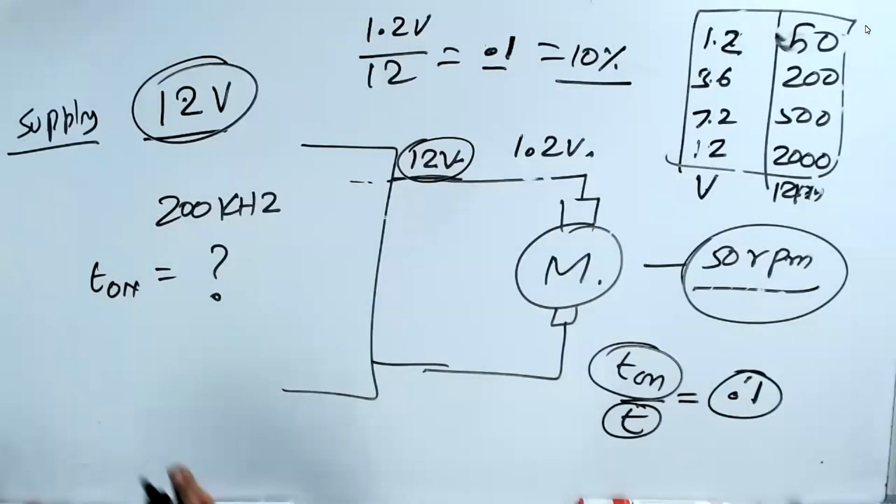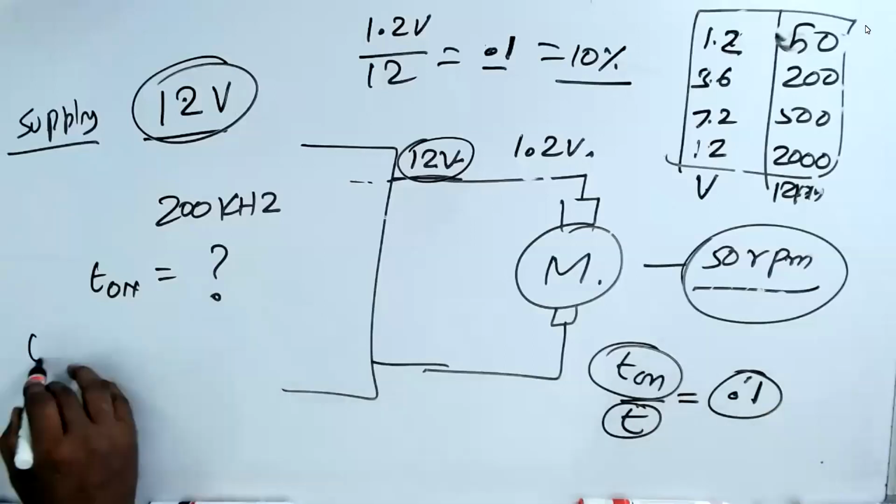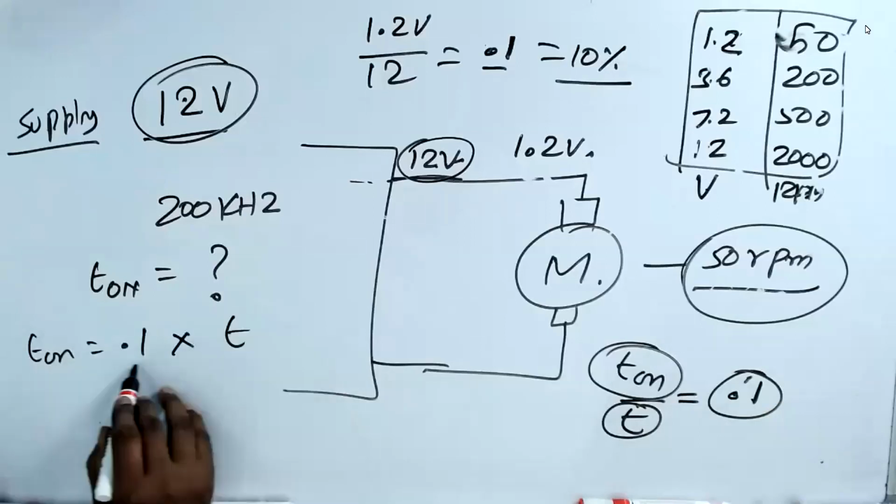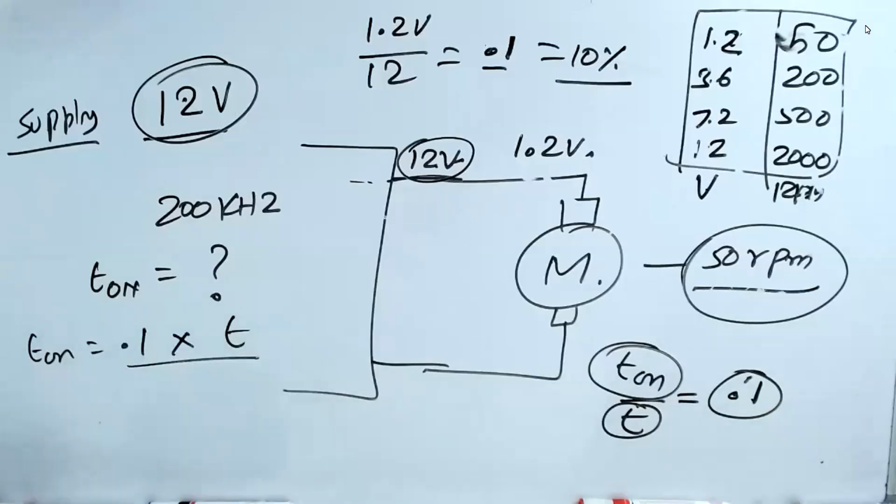Now this is done. So T on is equal to 0.1 into T. We got this 0.1 here. Now, how do you find T? I've given 200 kilohertz.